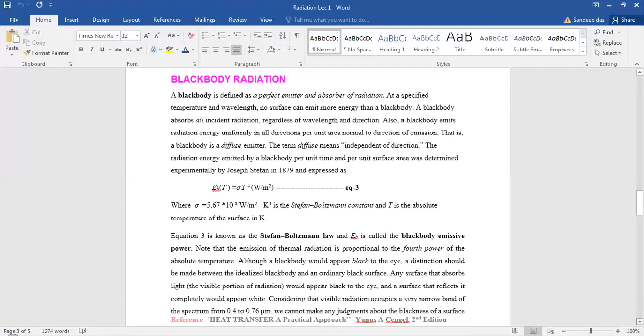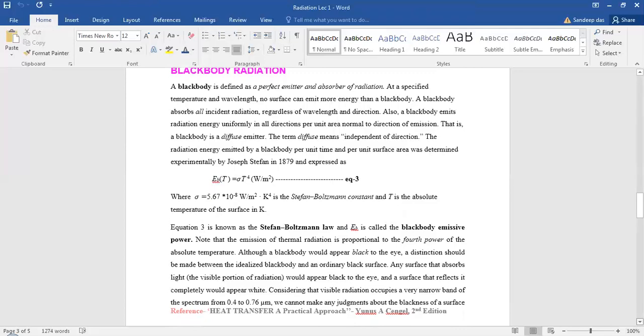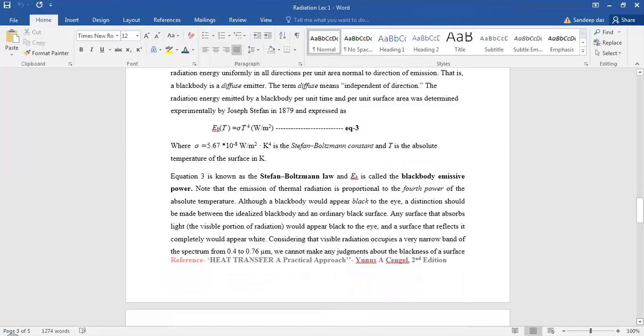Now, what does the term black refer to? A black body need not be perfectly black. It is our perception, how we see it. Let's say we want a body which is a perfect emitter, that is, it emits energy at all wavelengths and directions.